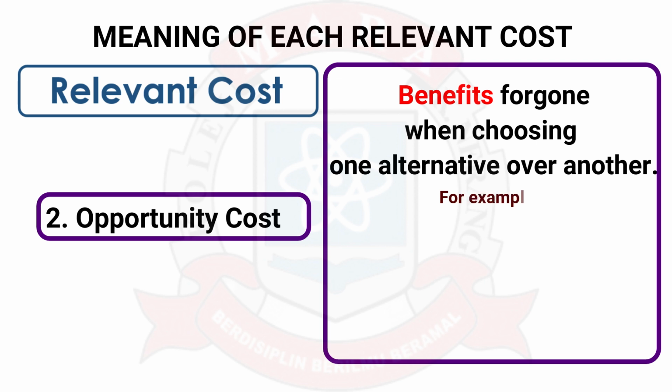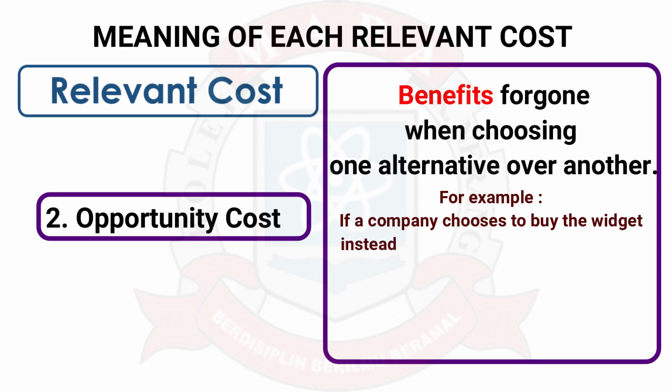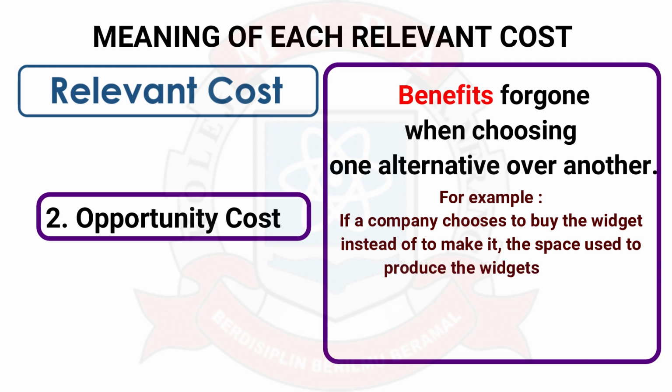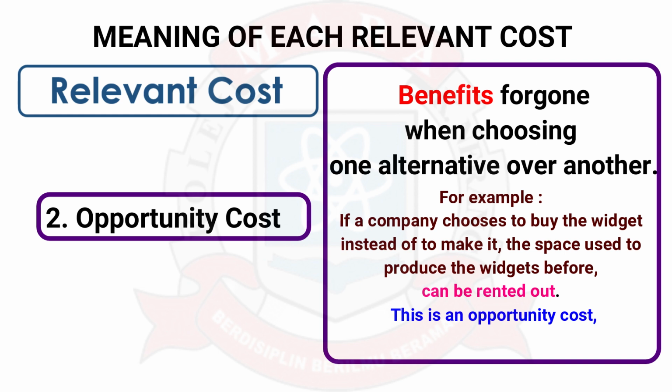For example, if a company chooses to buy the widget instead of making it, the space used to produce the widgets before can be rented out. This is an opportunity cost added to the cost of producing the widgets.